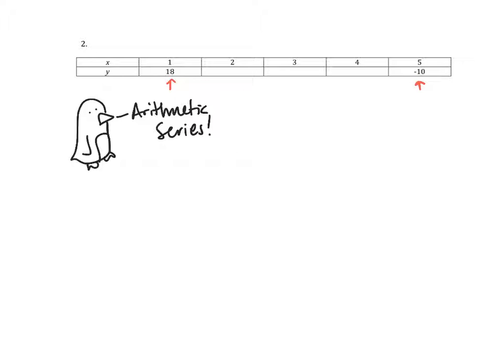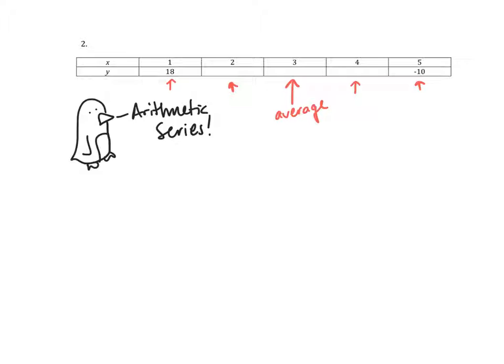I could probably use the average to find step 3 here, because that is exactly in the middle. But then that leaves me a little lost on how to find step 2 and step 4.